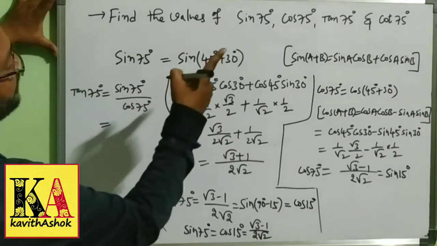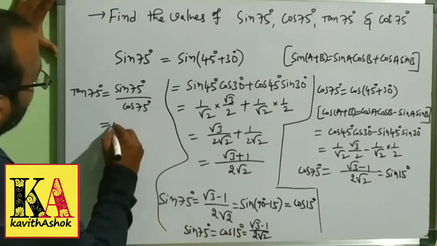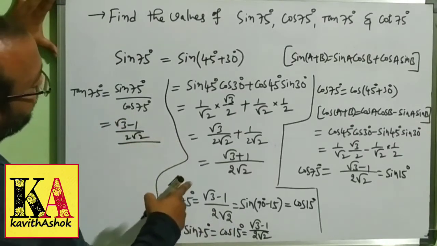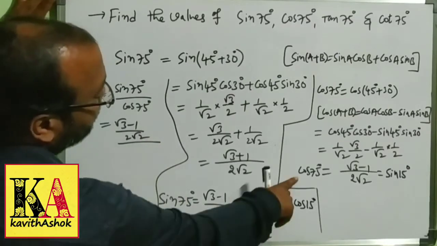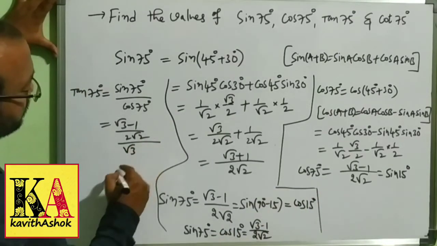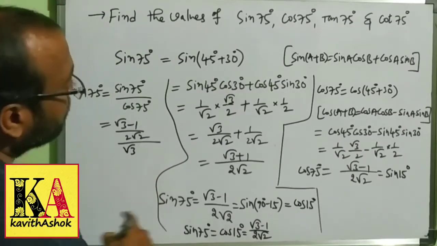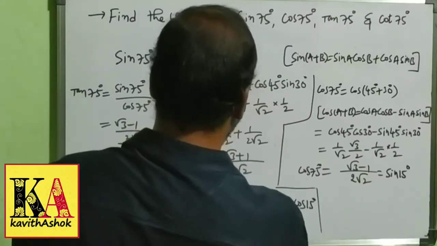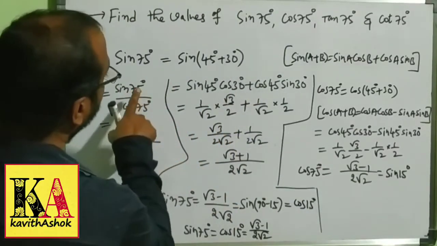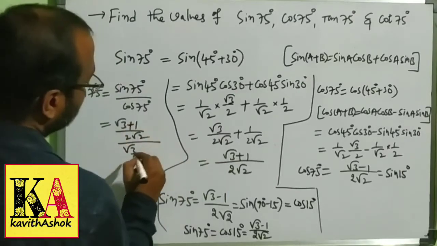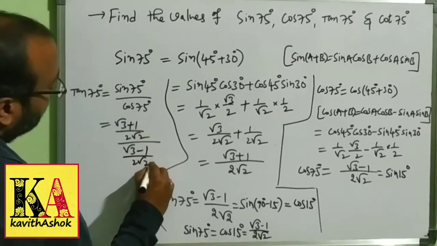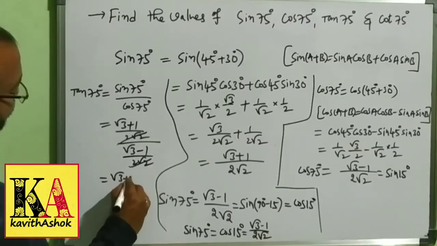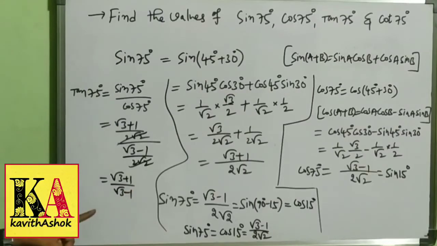So now sin 75 is root 3 plus 1 by 2 root 2, by cos 75 degrees, which is root 3 minus 1 by 2 root 2. Right? 2 root 2 gets cancelled. Simply this value will be root 3 plus 1 by root 3 minus 1. If you write like this, this is also correct.